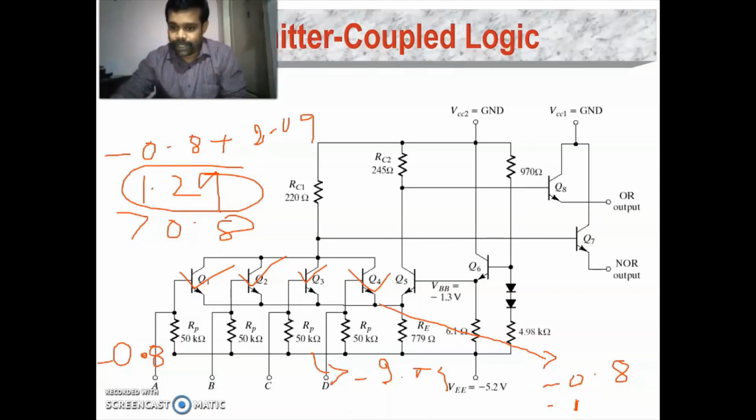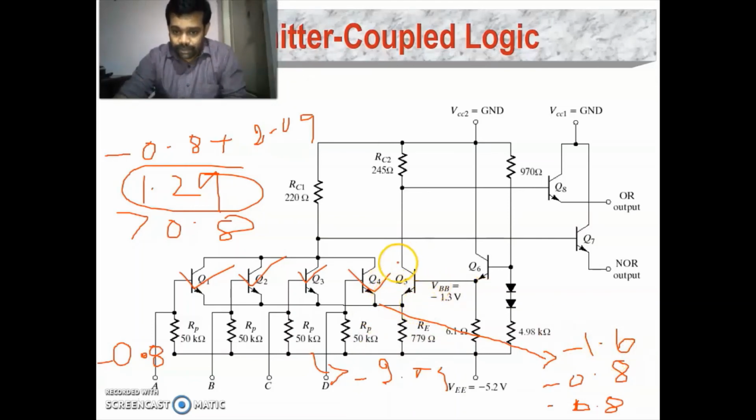So minus 0.8 minus 0.8 is nothing but minus 1.6. So when the transistors Q1, Q2, Q3 and Q4 are conducting, this emitter will be having a value of minus 1.6.